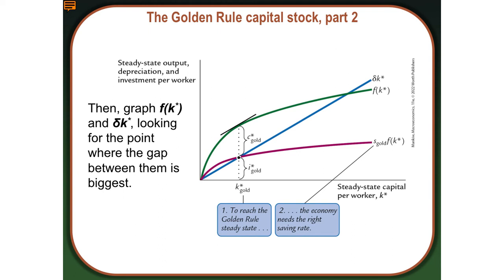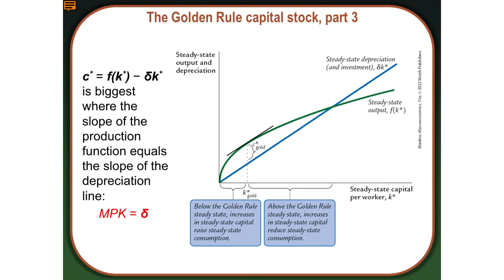And the slope of the production function, remember that we have a name for that, we call that the marginal product of capital. The slope of this depreciation function is just going to be delta. And so the K star gold is going to be the point where the marginal product of capital is equal to the rate of depreciation. That turns out to be our golden rule.